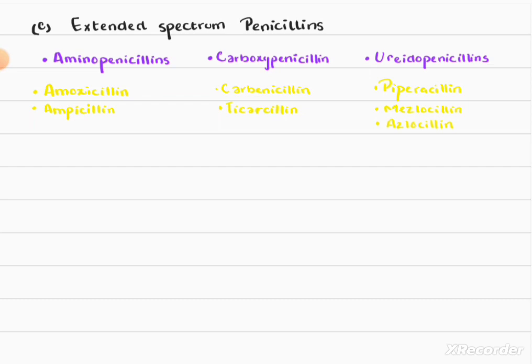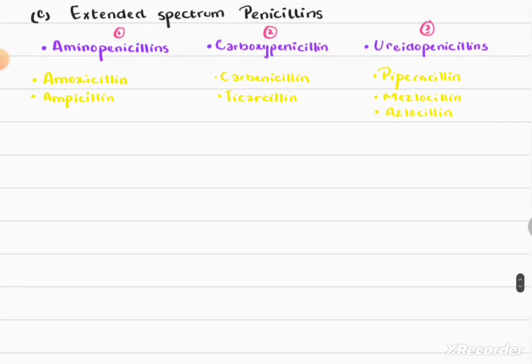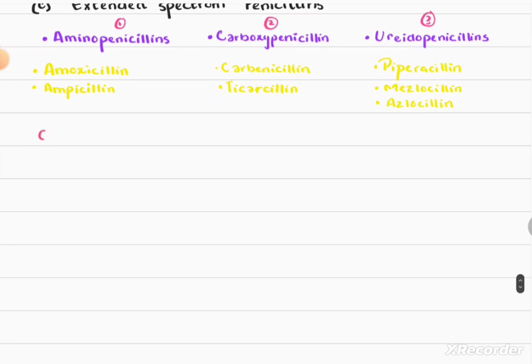There are three subclasses in this class as well: aminopenicillins, carboxypenicillins, and ureidopenicillins. Amoxicillin and ampicillin have activity against the classes that we discussed at the first place, and along with that, they also have activity against gram-negative rods.